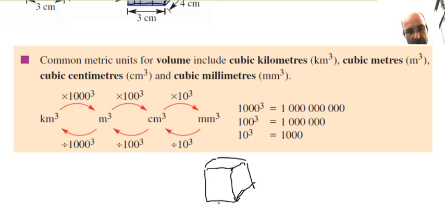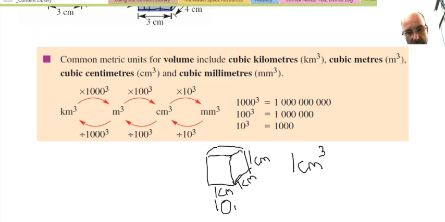If each one of these is, say, 1 centimetre, we have 1 centimetre times 1 centimetre times 1 centimetre, as we just mentioned above, and that's 1 centimetre cubed. However, if we use millimetres as a different unit, that'd be 10 millimetres times 10 millimetres times 10 millimetres in the height.